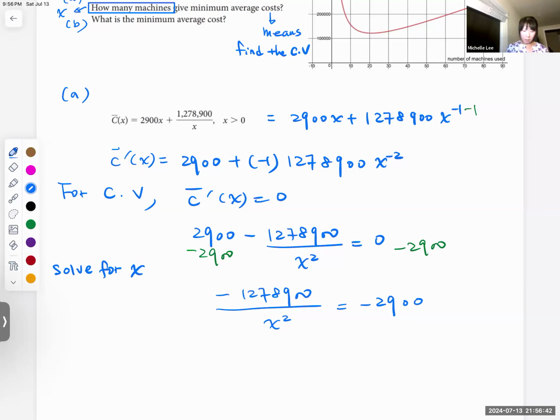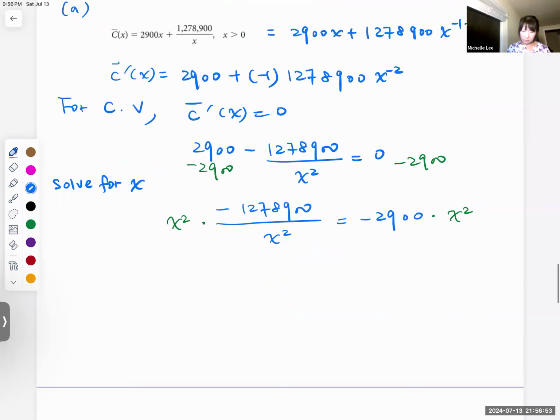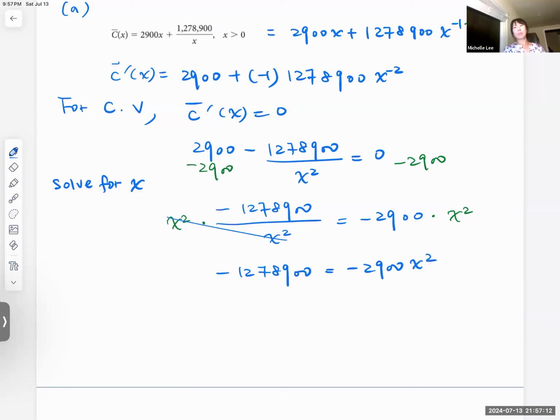Okay, we multiply by X squared on both sides. So we have negative equal to negative 2000 X squared, 2900, right?